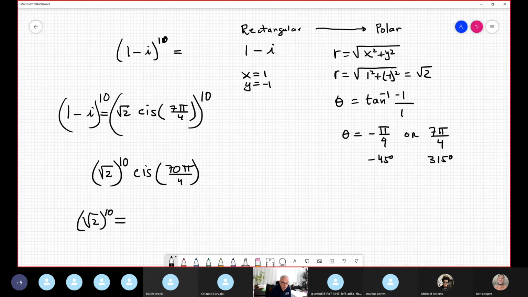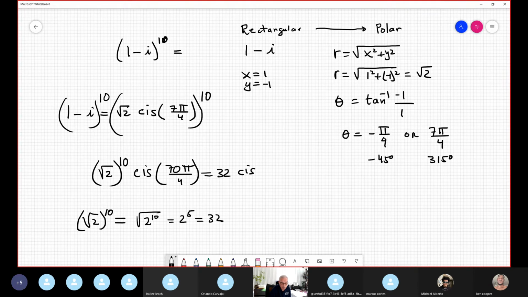I do separately the angle part and the radical part. This is equivalent to radical 2 to the 10th power, no? And this is to the 5th power, because 10 divided by 2, no? Do you understand very well the manipulation for the radical? It's 32. At least I know the 32.